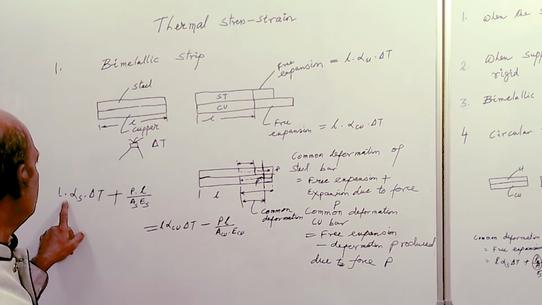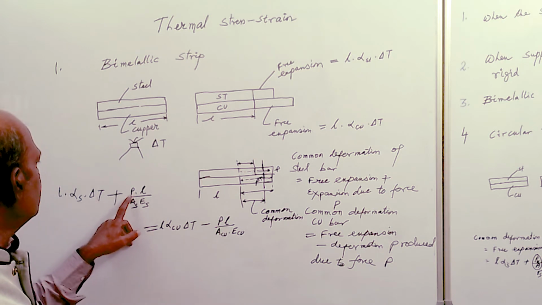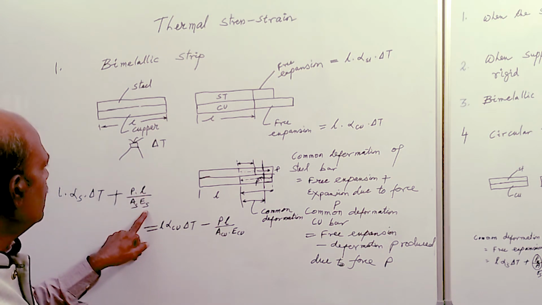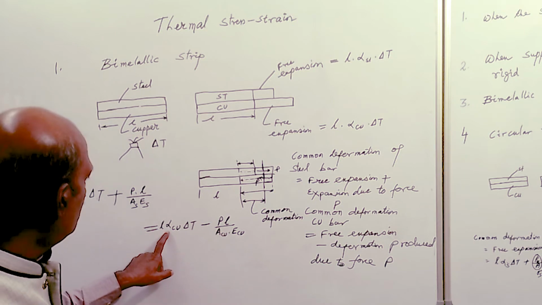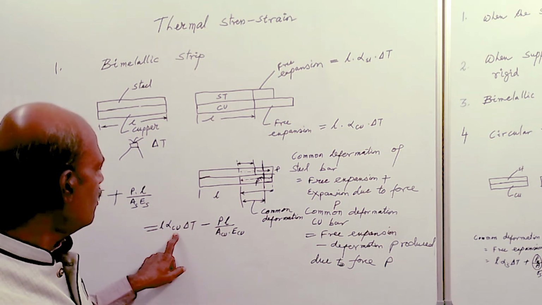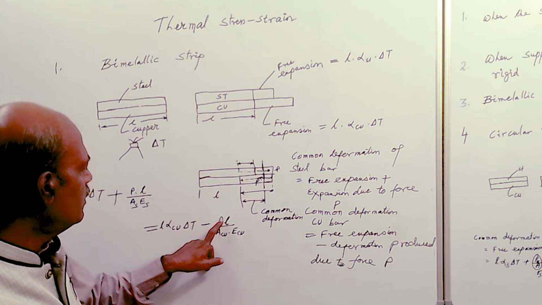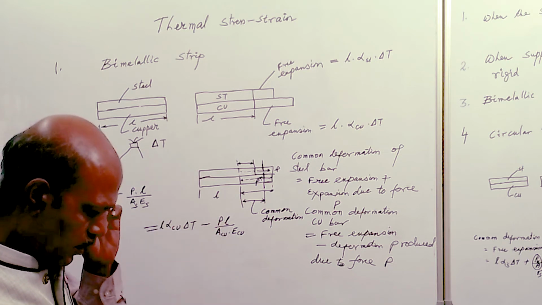Mathematically we can write L alpha S delta T plus P into L by A S into E S is equal to L into alpha copper into delta T minus P into L by A copper into E copper.